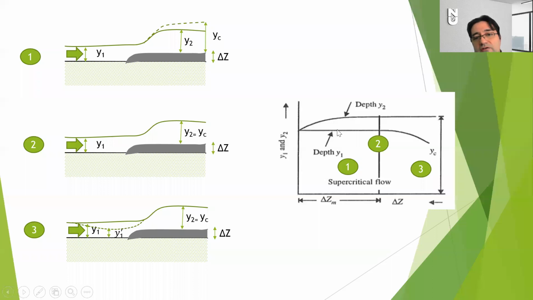It stays constant until you reach the critical depth. You see that it is totally the opposite. Y2 is always higher than Y1 for supercritical flow.